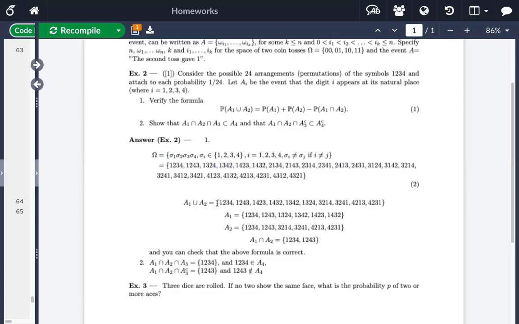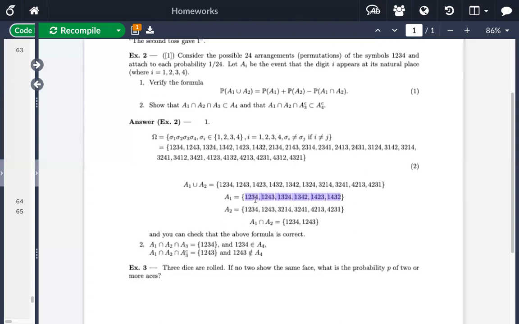Now A1 is the set of those strings which fix the first number to be 1, and A2, the second digit is 2. So they have both 6 elements, and these are here. If I look at the union, I simply have to merge the elements of A1 and the elements of A2, but then these first two are repeated twice.